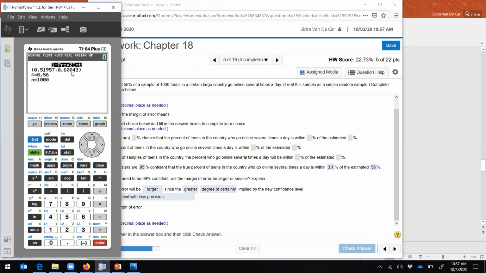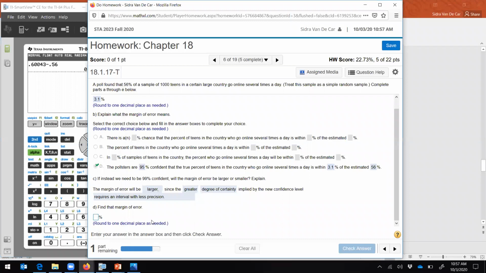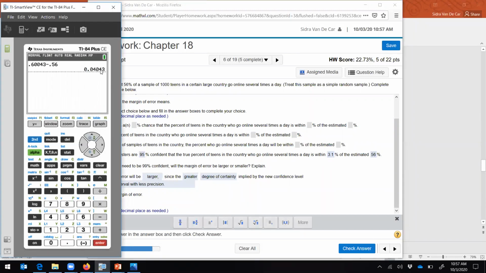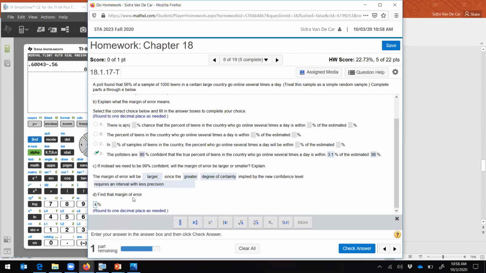And so I'm taking 0.60043, and I am subtracting my estimate 0.56. 0.04043. So that would be 4, I'm going to 1 decimal place. So 4.0.